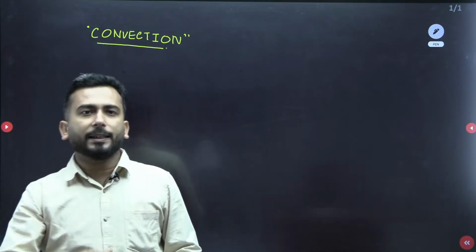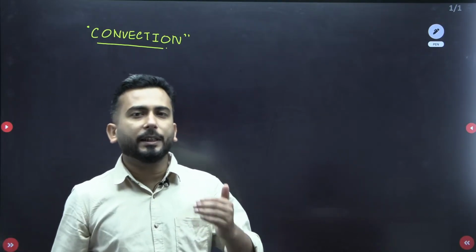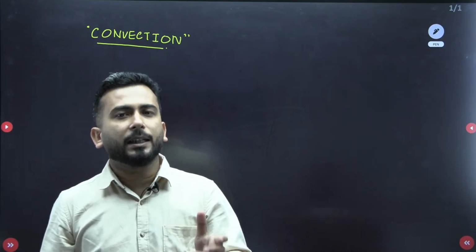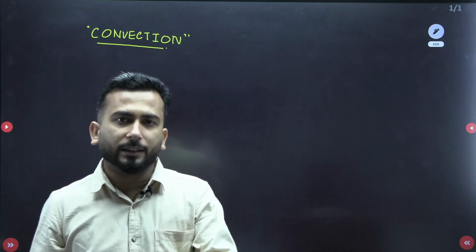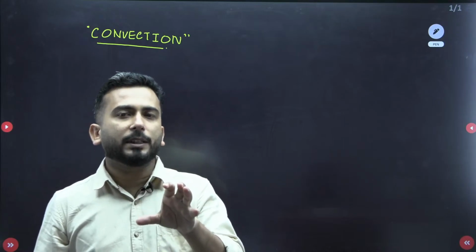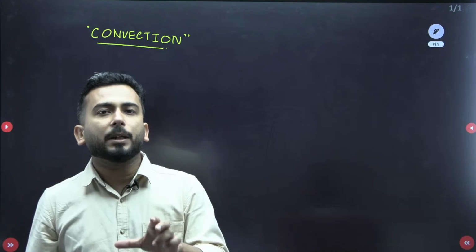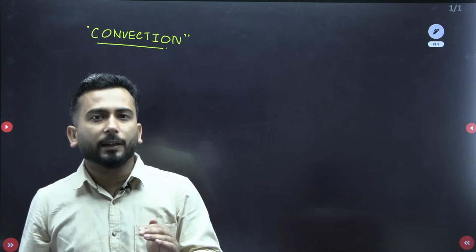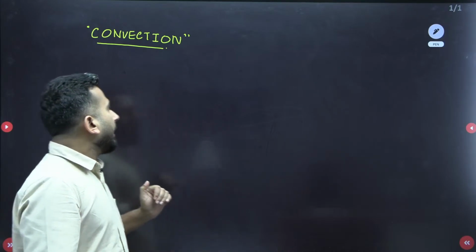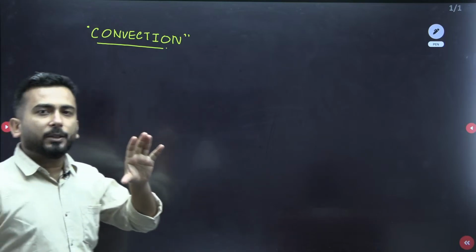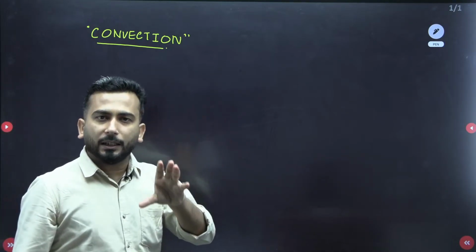You know that heat can be transferred in majorly three ways: conduction, convection and radiation. The first two modes, conduction and convection, require the material medium for their transmission, right. Now, we need to distinguish conduction and convection.